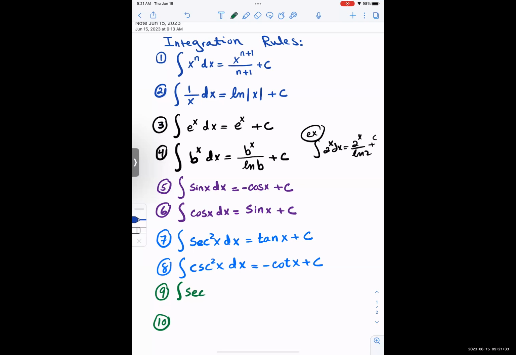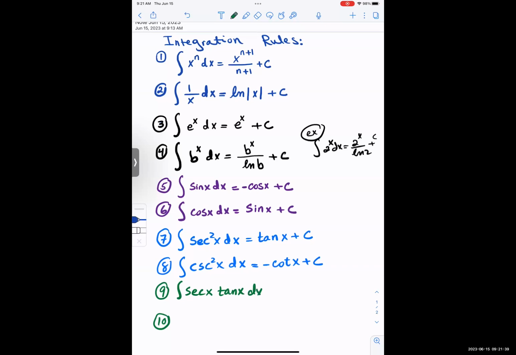So integral of secant x tan x dx is equal to secant x plus c, and integral of cosecant x cotan x dx is negative cosecant x plus c.